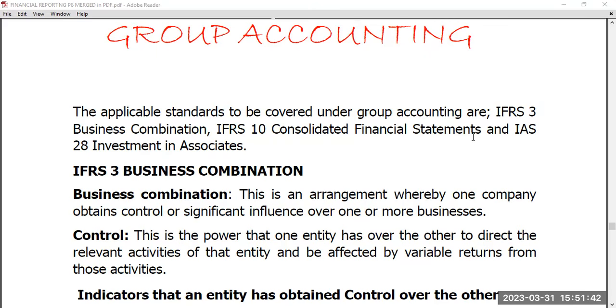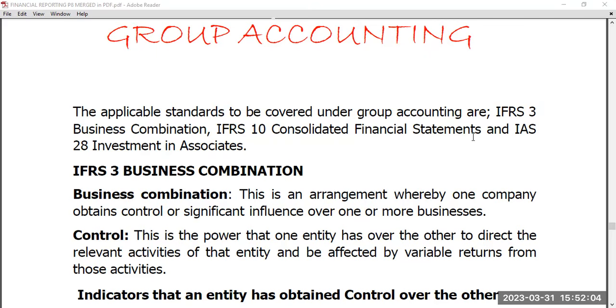But as far as financial reporting is concerned, we are going to be looking at the basics. We understand them, and we see how we can interpret those basic information within the group accounting, so that we can prepare the group financial statements.